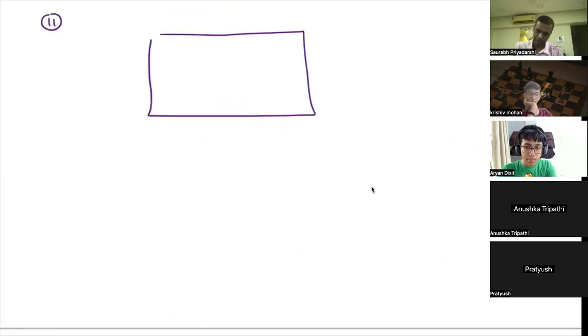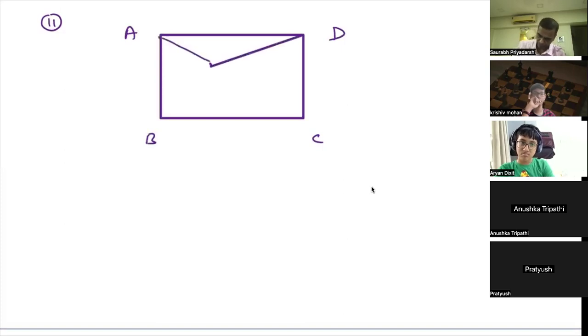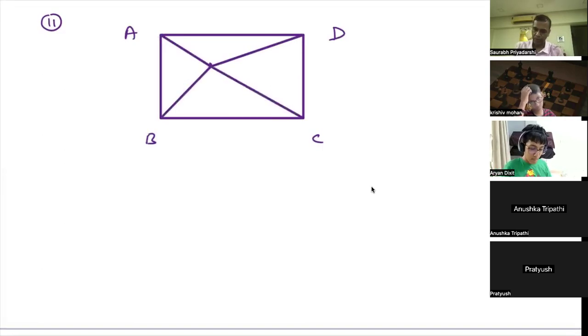ABCD is a rectangle. P is a point on this, right?